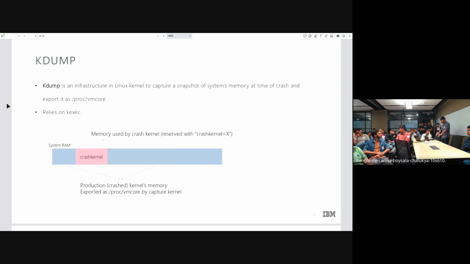So if the crash happens in that register itself, what? See, there must be some communication from the first kernel to the second kernel. When the first kernel crashes, the second kernel is already booted and in memory. So now the first kernel is almost dead.